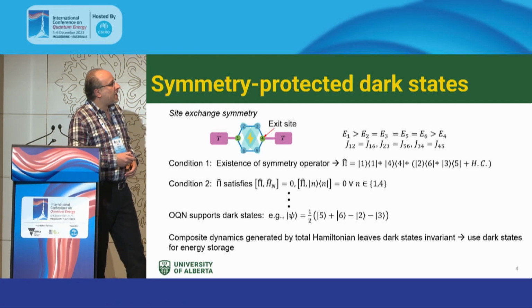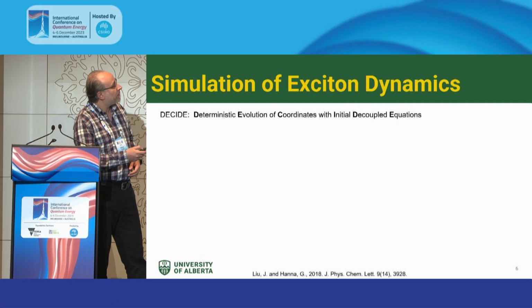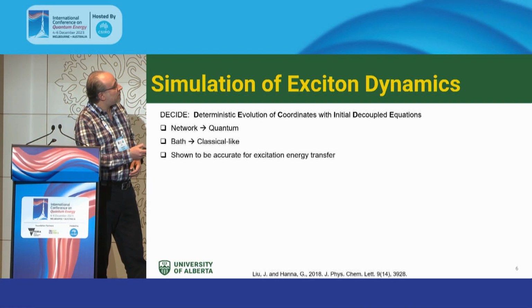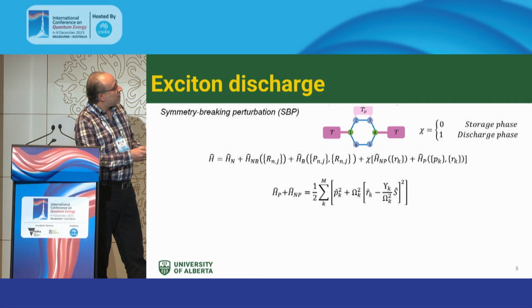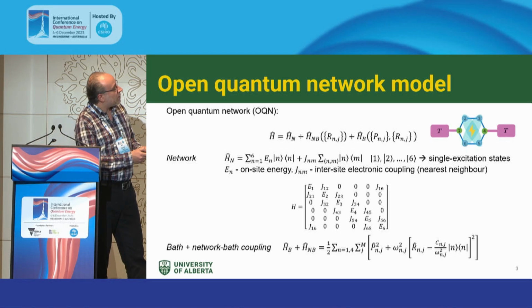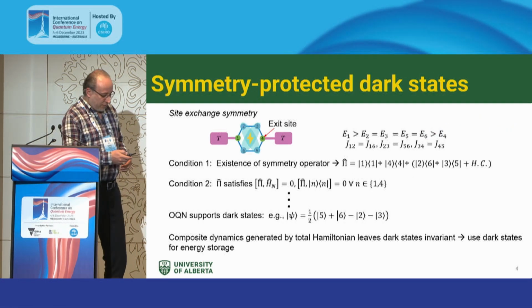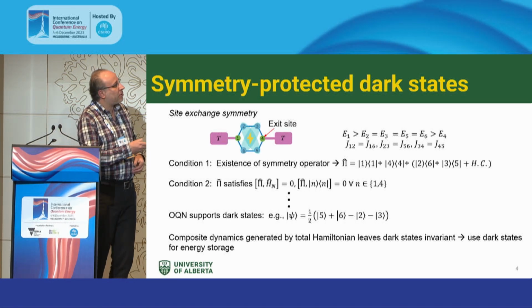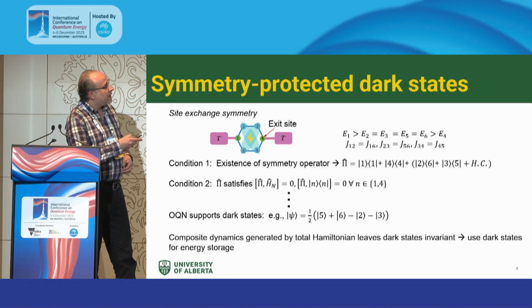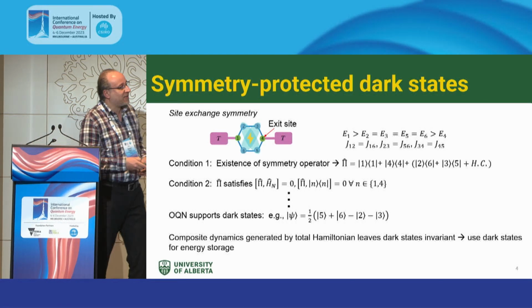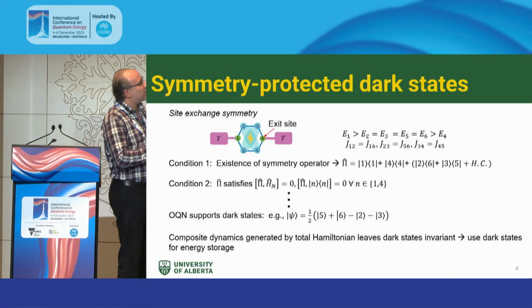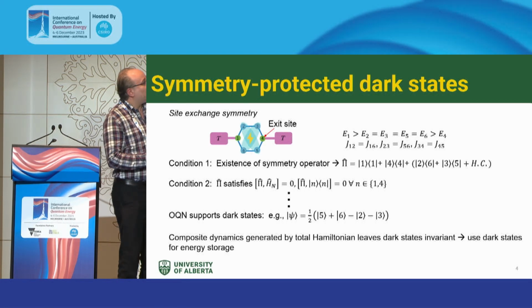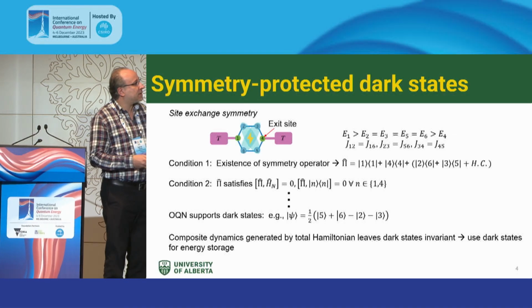So if we take the energy of site 1 here, the one that's coupled to the left bath, to be greater than the site energy of site 2, which is equal to the energy of site 3, which is equal to the energy of site 5, which is equal to the energy of site 6, and all of those greater than the energy of site 4, which I'm going to term the exit site, since it's the site with the lowest energy.